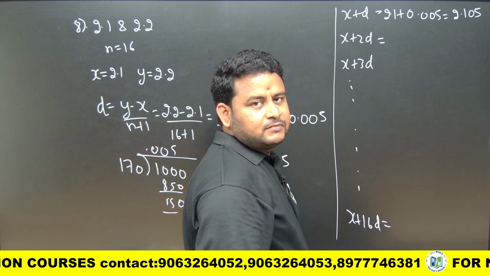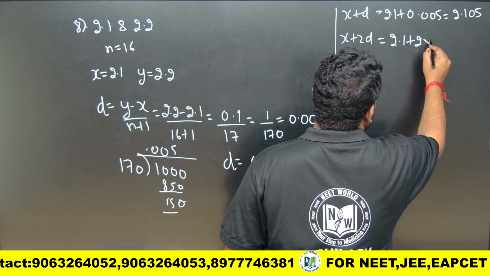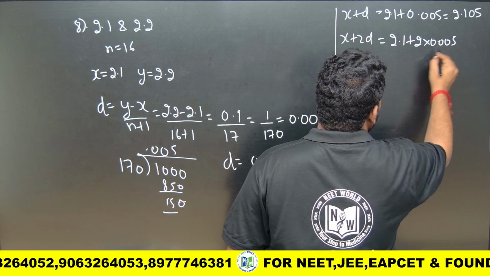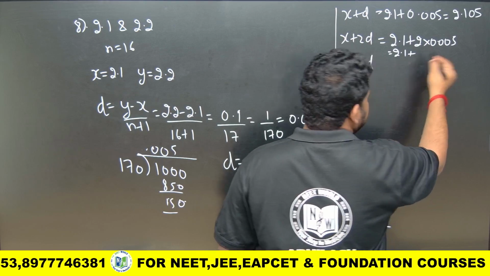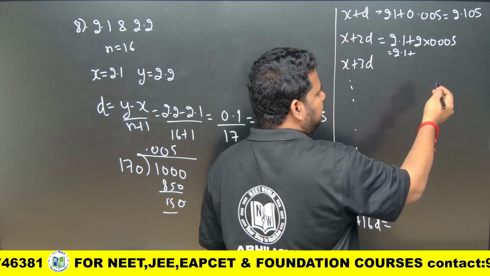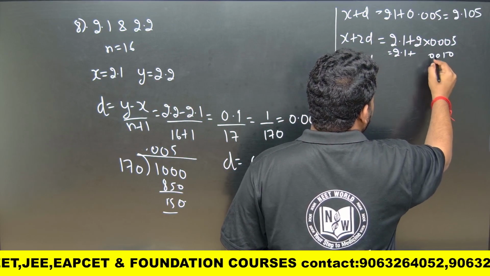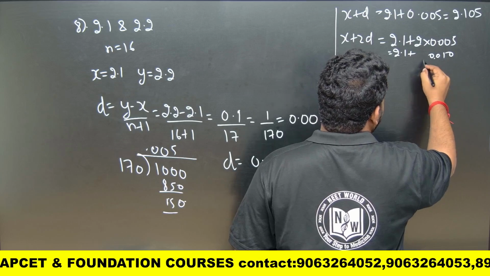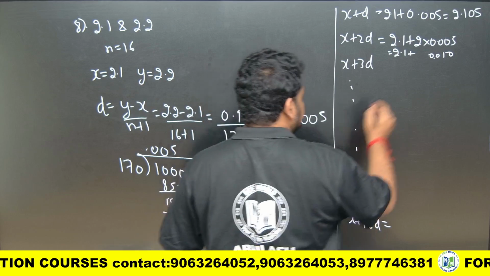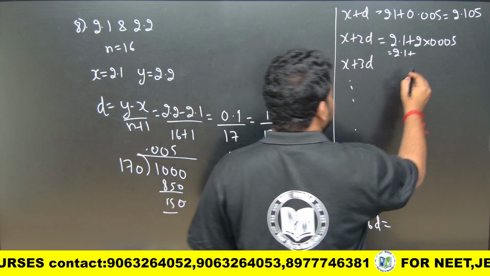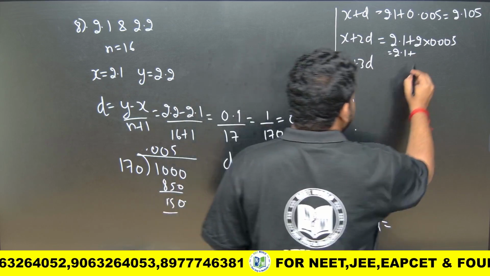Now x plus 2d. X is 2.1, plus 2 into d, which is 0.005. 2 into 0.005 is simple multiplication: 2 5s are 10, and with three decimal places I get 0.010.